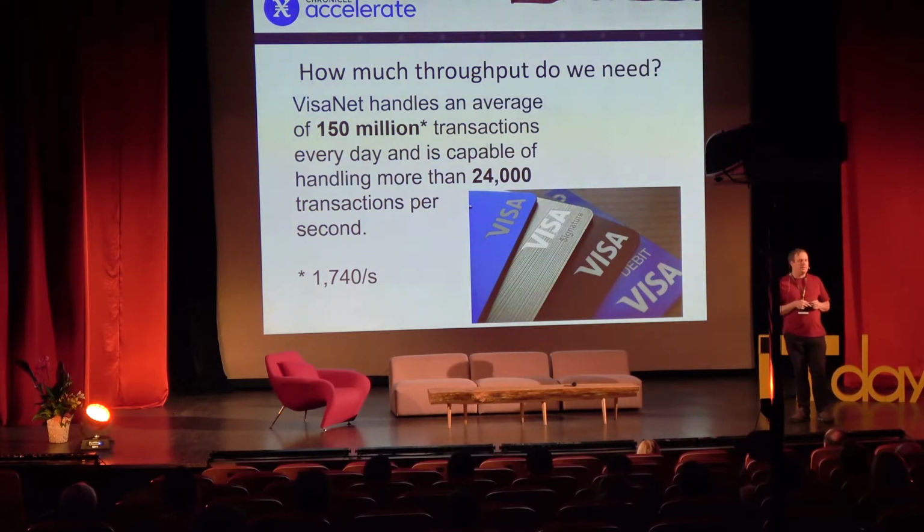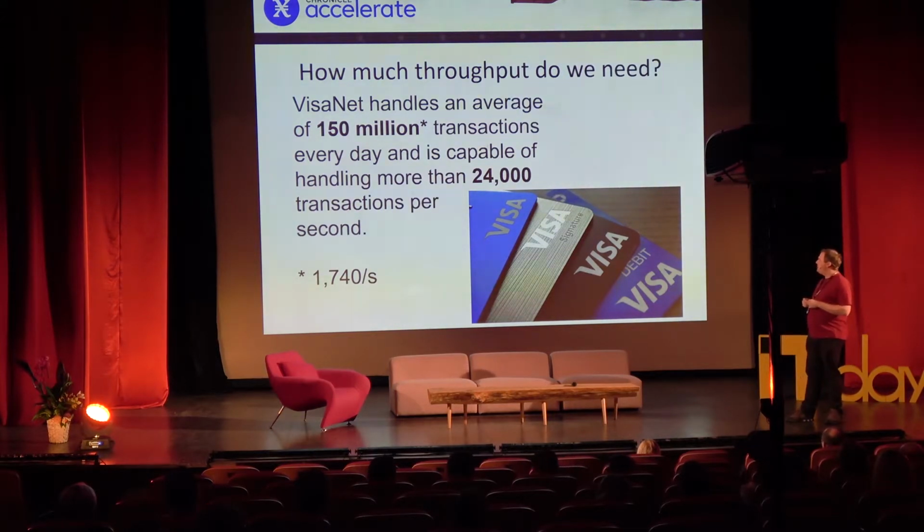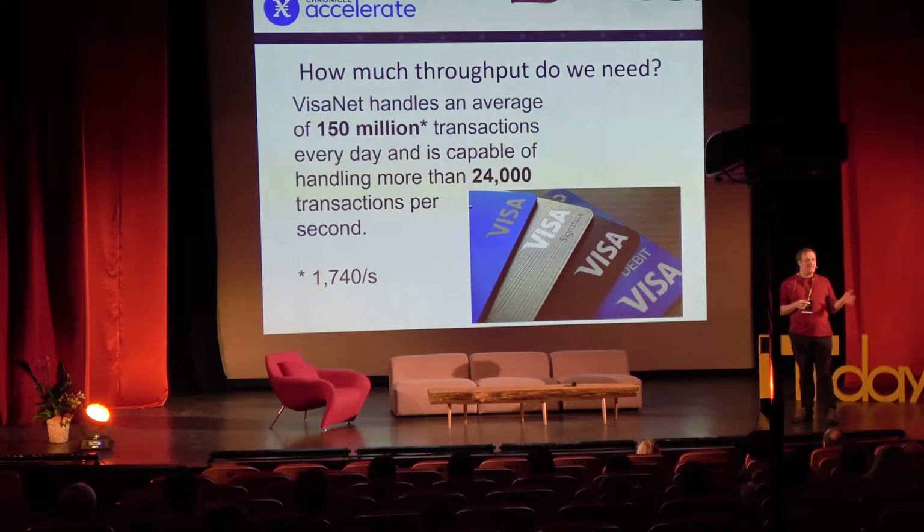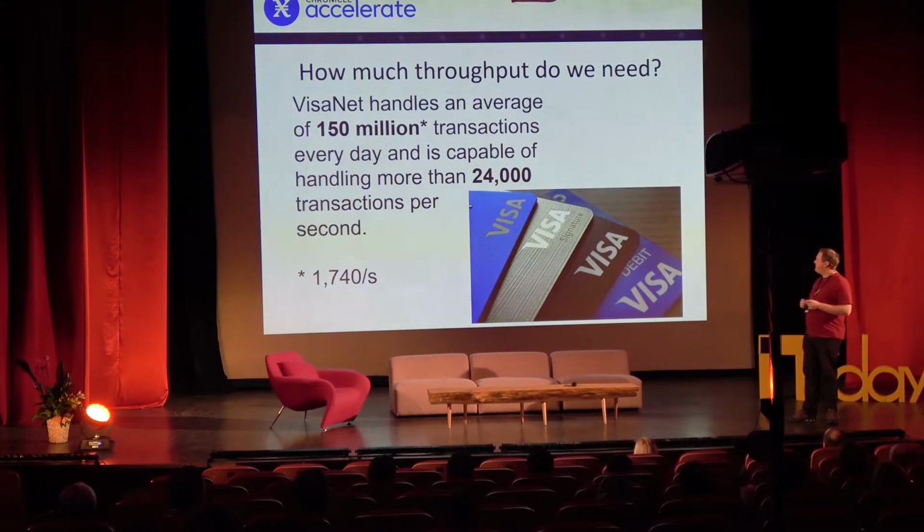One of our key interests is performance, as you probably already gathered, so we compare against a benchmark system, which from my point of view is Visa. Visa has one of the highest payment rates in the world, and they can sustain 24,000 transactions a second, although in reality, over a day, they get about 1,700.